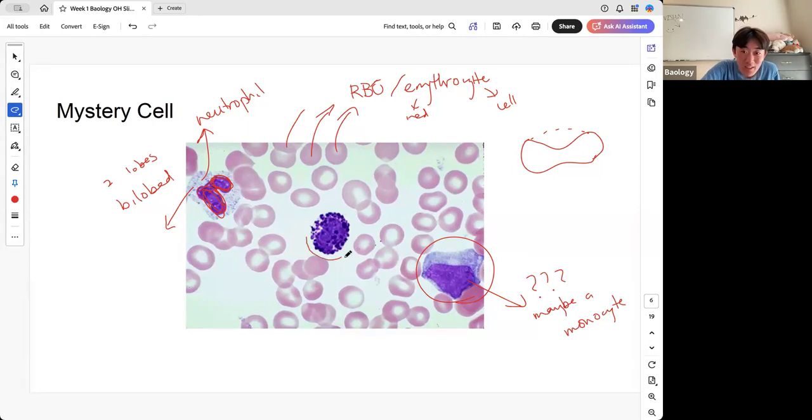And then, what is this cell? Does anyone know? I don't know. That's a basophil? Okay, this makes sense. So, how you might be able to figure out it's a basophil is that it's very blue. And blue we know is hematoxylin. And realistically, it sounds like basophilic.